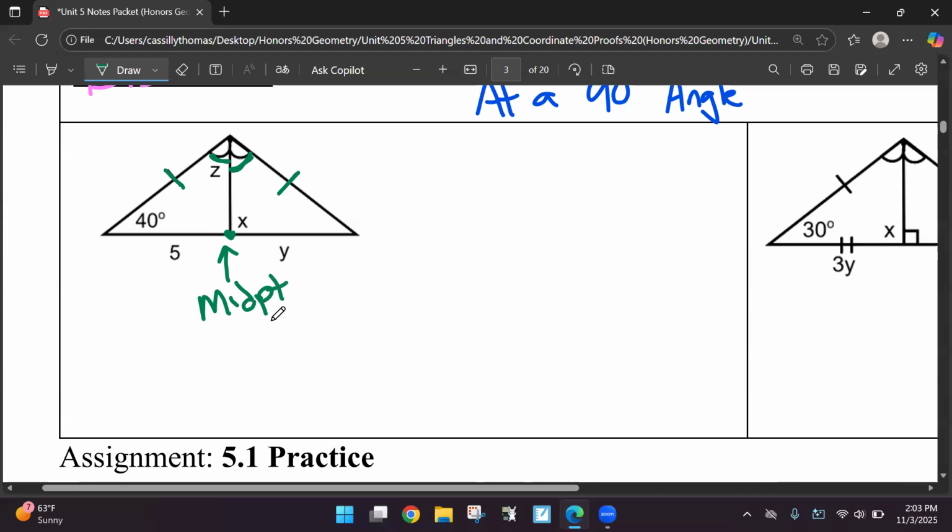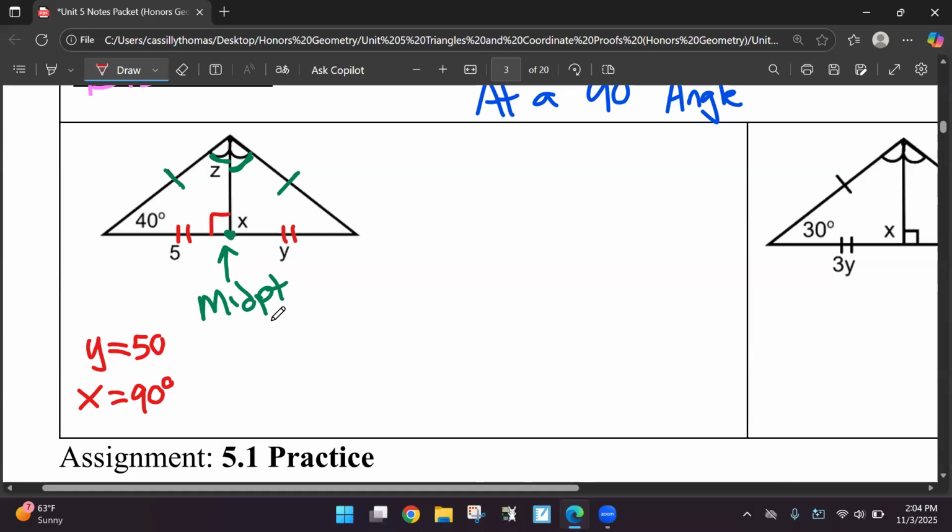Since that is a midpoint, these two segments here are congruent. So that means y equals 5. Since it's an isosceles triangle and an angle bisector, we know that this is 90 degrees. So x equals 90 degrees.